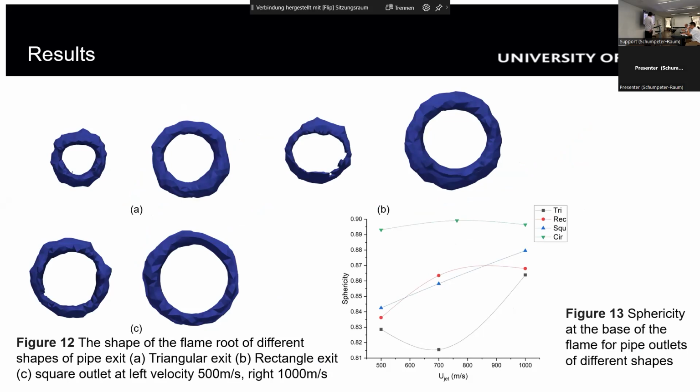The higher the velocity, the closer the shape is to a circle. But at low velocity, it's not. It remains the shape of the pipe. And here is the sphericity of the different pipe exits, as you can see.